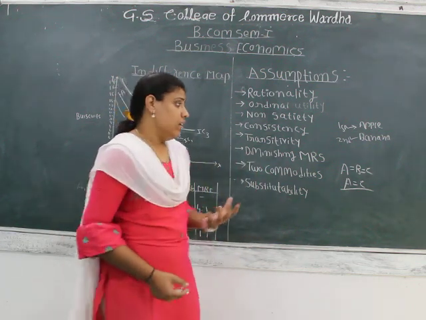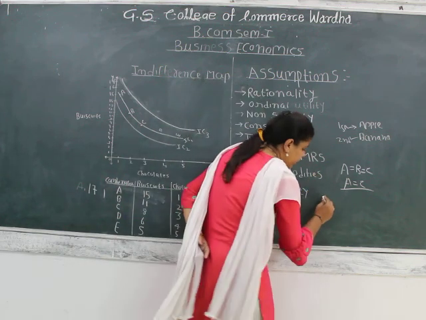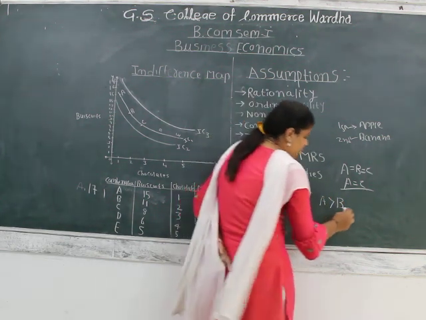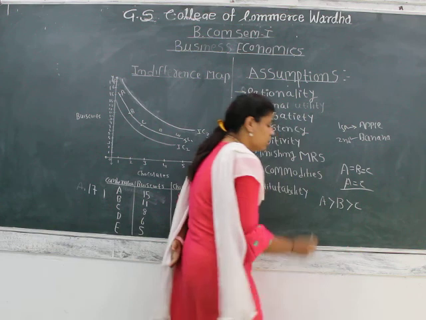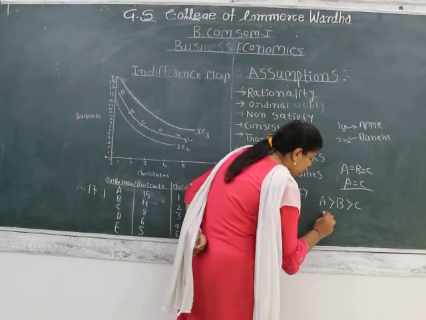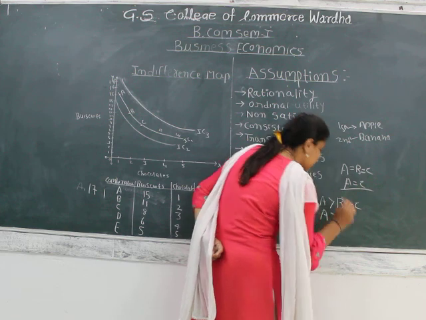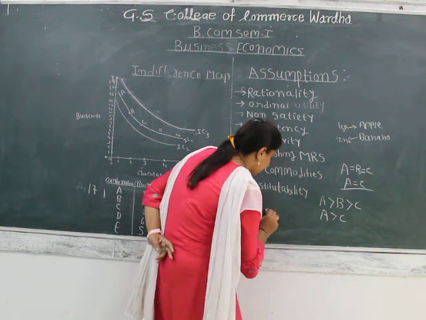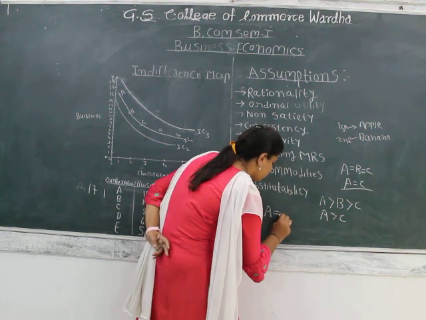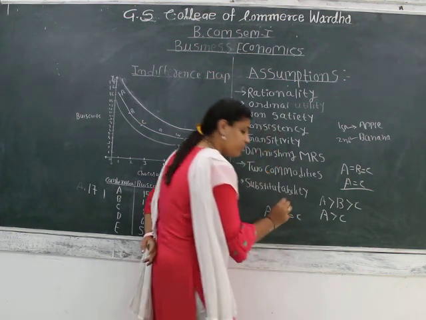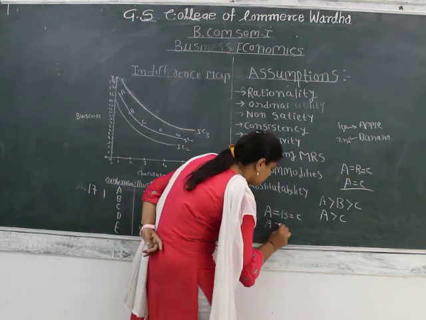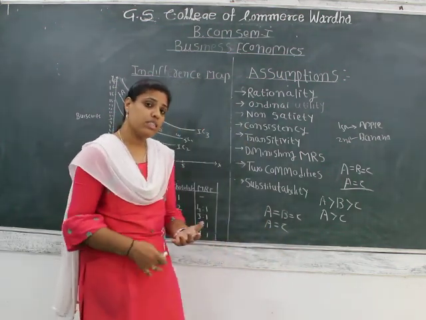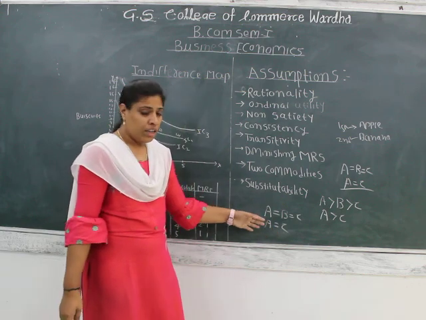It means that if the consumer prefers combination A over combination B and combination B over combination C, then definitely the consumer will prefer combination A over combination C. And if the consumer is indifferent towards the combinations, like the consumer says A equals B equals C, then the consumer will also say that A equals C. Combination A and combination C will be equal for the consumer, meaning he is going to be indifferent toward these combinations.